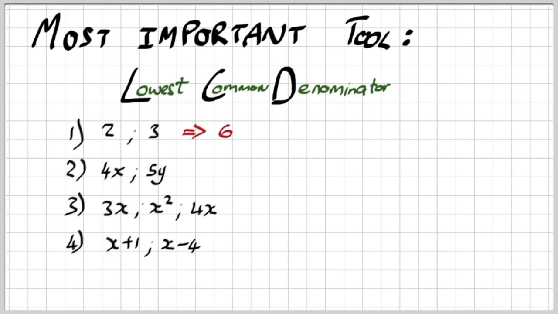Looking at the multiples of 5, the first number that 4 and 5 can go into is 20. Then it has to have an x in it, and it also has to have a y in it. So in other words, your LCD is 20xy.